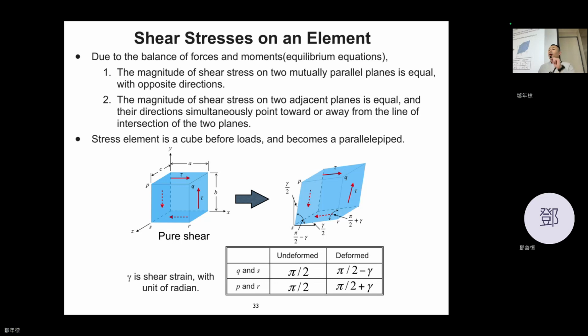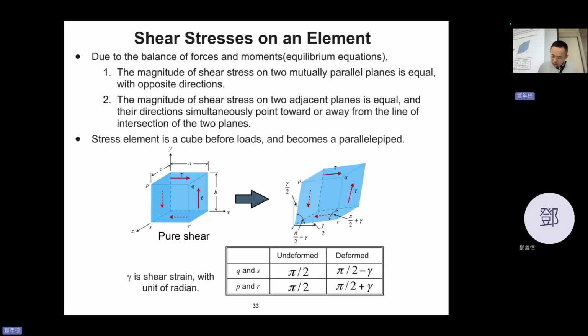When a shear is acting on a material, and if that material is at equilibrium state, which means that the element needs to have pairwise shear. Pairwise shear, 成对出现的 shear, 成对出现的剪切. Okay? So again, let's take a look.